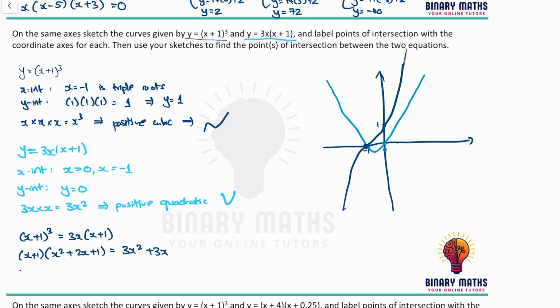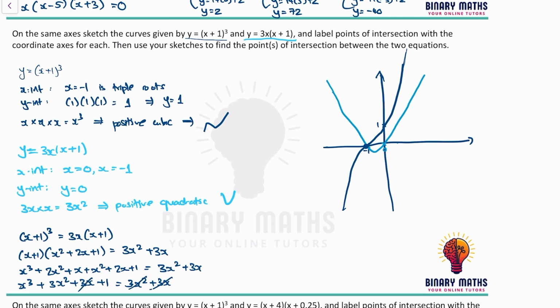If I expand this one, I get x cubed plus 2x squared plus x squared plus 2x plus 1 is equal to 3x squared plus 3x. If I collect the like terms on the left hand side, I get x cubed plus 3x squared plus 3x plus 1 is equal to 3x squared plus 3x.